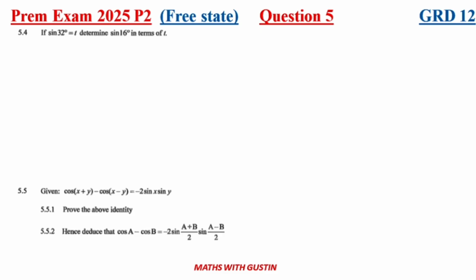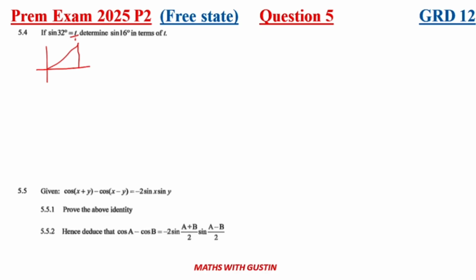5.4 says here we are given sine 32 is equal to t. Determine sine 16 in terms of t. All right, so now this is what you can do here. Let's come here and say, okay, sine 32, let's have a look at our diagram guys.